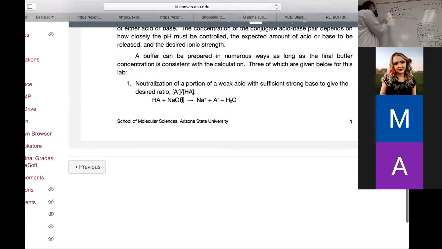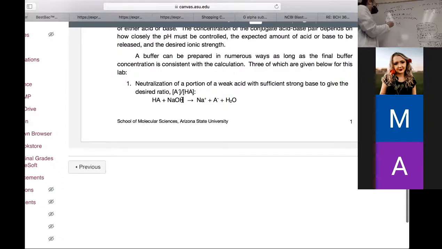The third one is you use weak base plus weak acid. Basically you make this by adding weak acid and weak base together. That will be more straightforward because you already know the final concentration of A and HA.